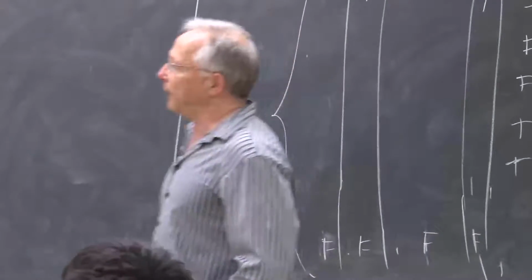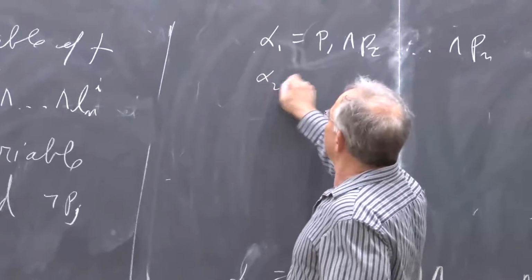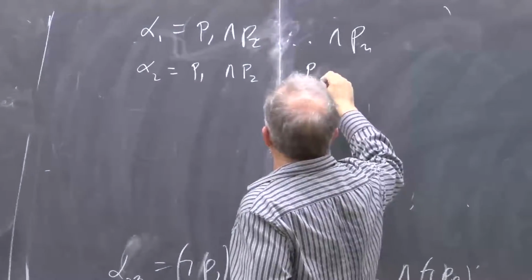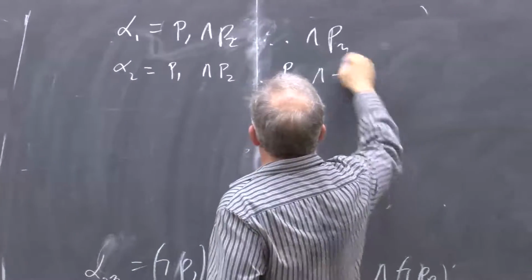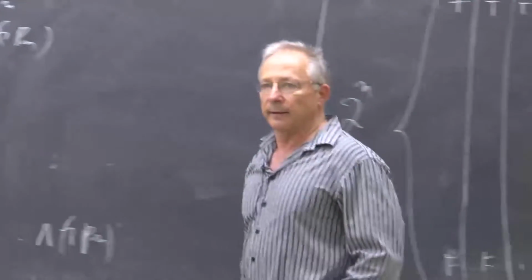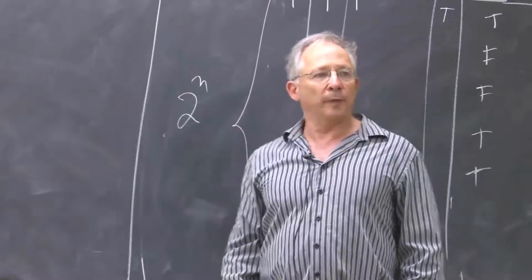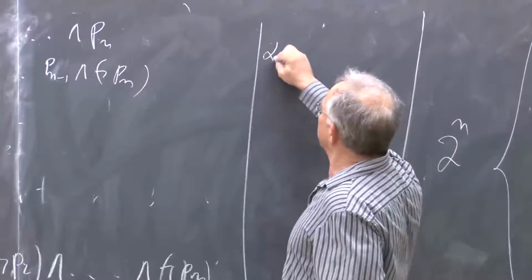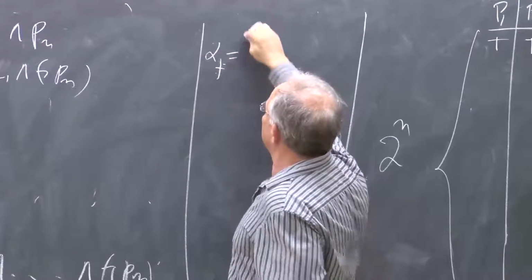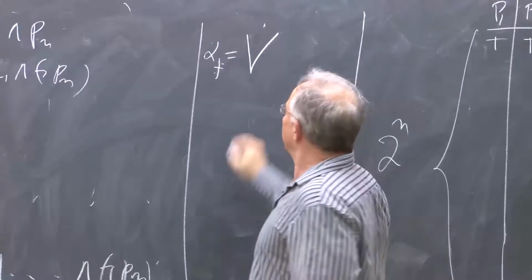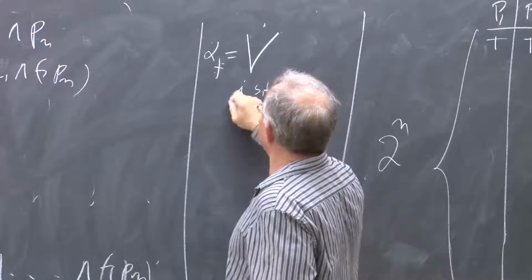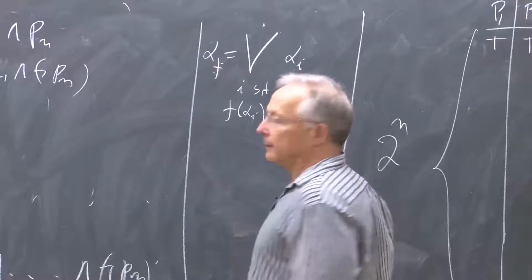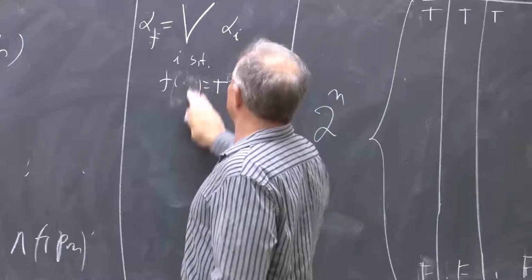So alpha 2 will be P1 and P2 and ... and Pn minus 1 and not Pn, and so on. I get one monomial for every row in the table. And then my alpha of f will be just the OR over all i such that f is true in the ith row.